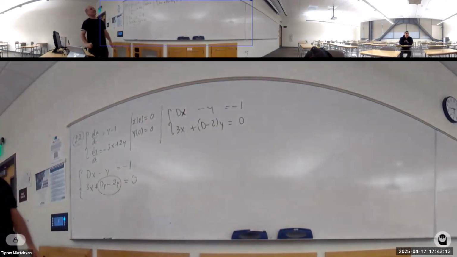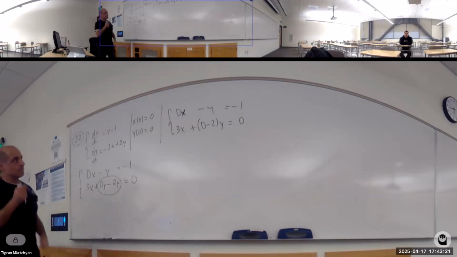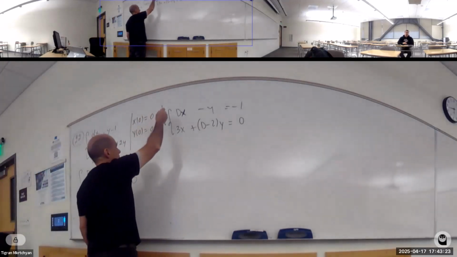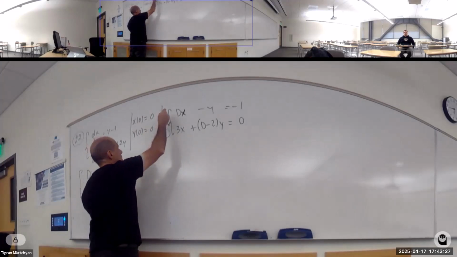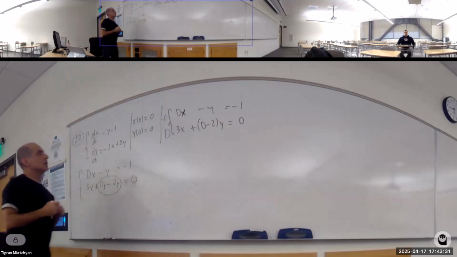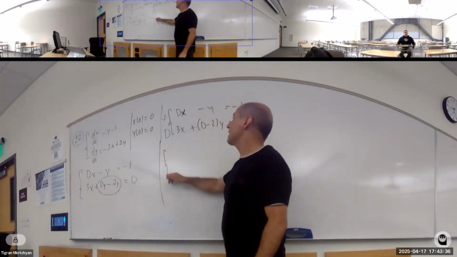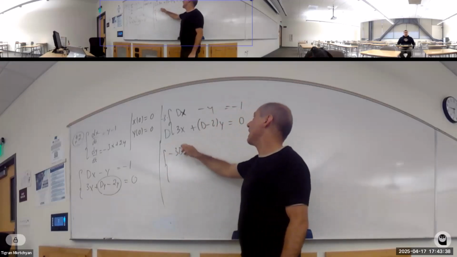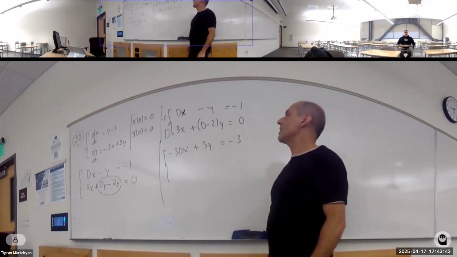Now we can either eliminate x or y. I don't know which one is a little easier, maybe x. So how do I do that? Multiply the bottom by D and the top by -3. Let's keep the order of those equations. So the first one is minus 3Dx plus 3y equals minus 3.